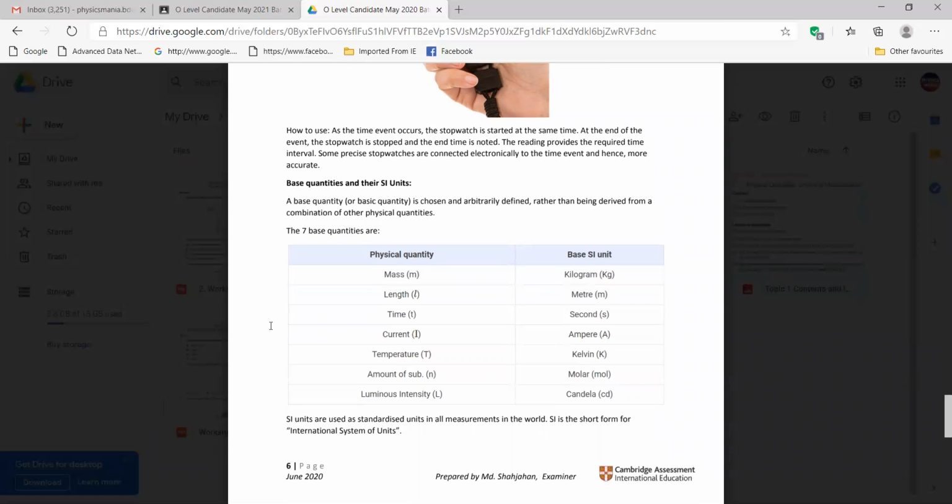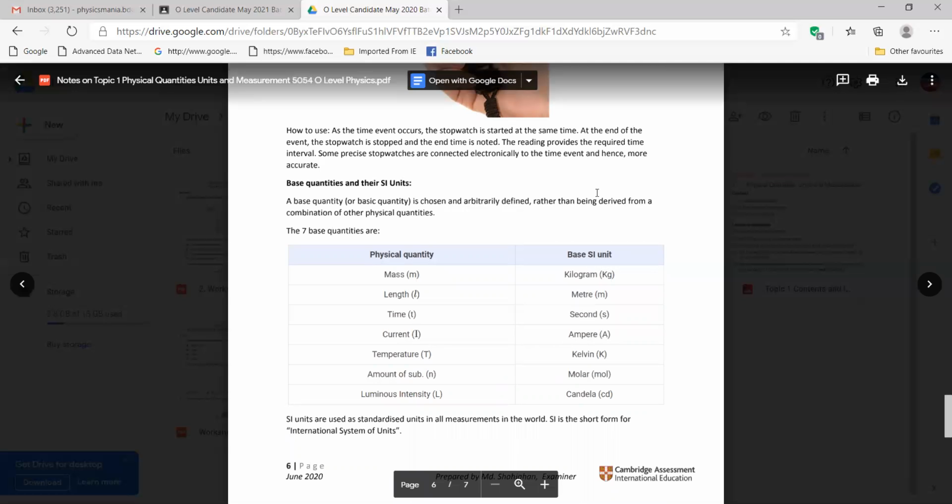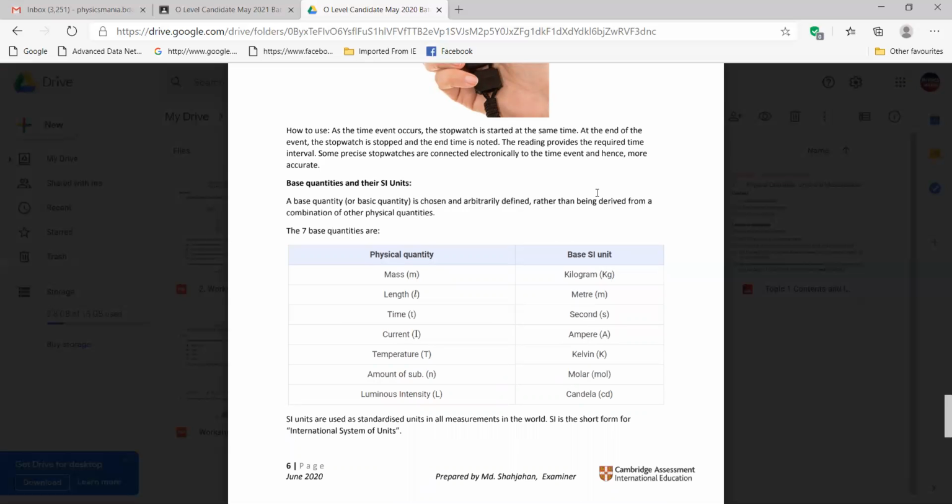Base quantities and their SI units. A base quantity or basic quantity is chosen and arbitrarily defined rather than being derived from a combination of other physical quantities. Here we have 7 base quantities. That means you got meter per second, right? Yes, sir. When we gave the example of a scalar quantity, we got speed, right?